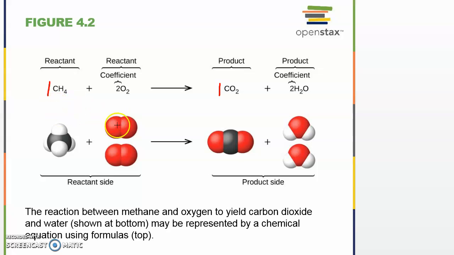These coefficients represent the relative numbers of reactants and products. In this case, the ratio of each reactant and product will be 1 to 2 to 1 to 2. That means for the reaction to happen, we need 1 molecule of CH4, we need 2 molecules of oxygen, and that theoretically can yield 1 molecule of carbon dioxide, CO2, and 2 molecules of water.